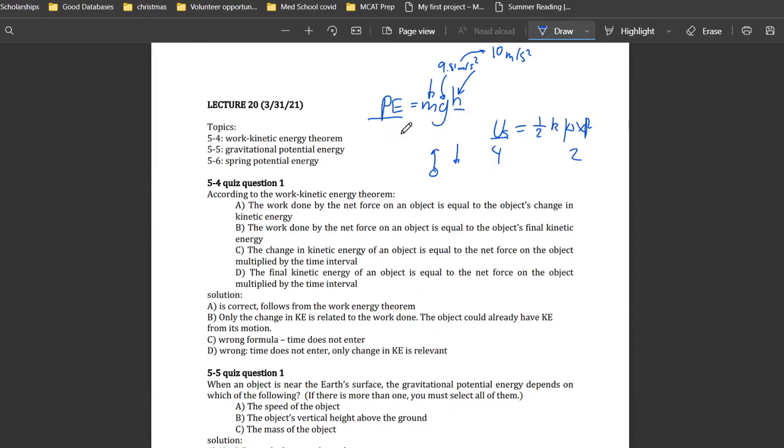Whereas if we look at just potential energy, not spring potential energy, we see a direct relationship between all these variables. If you increase height by a factor of 2, potential energy will increase by a factor of 2. Mass by a factor of 2, potential energy by a factor of 2. That's important to keep in mind for the relationship between these different variables and how affecting one would affect the other. So with that, let's get started with these questions.